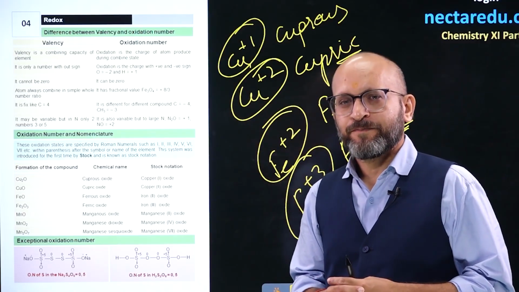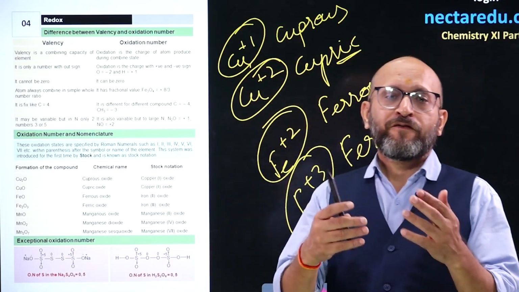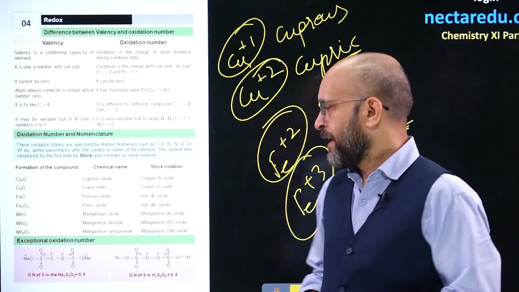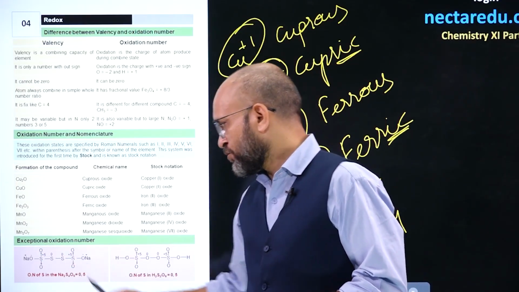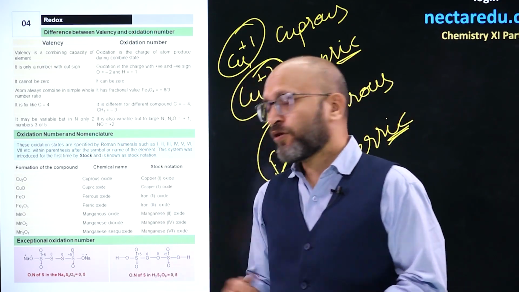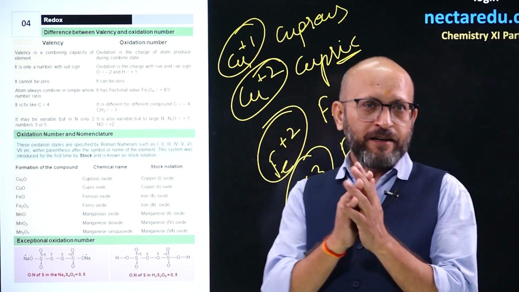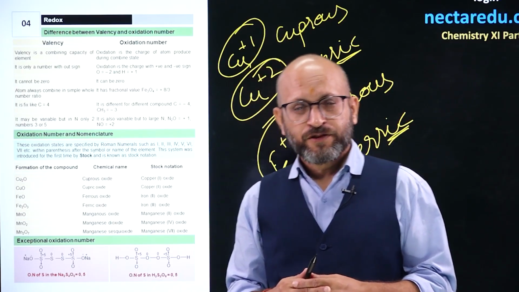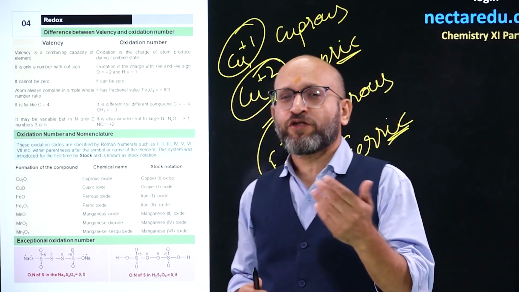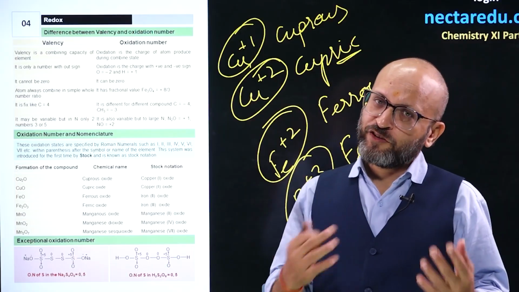Alright, and we have a couple of examples where fractional oxidation state comes, and here is sodium tetrathionate, Na2S4O6. So here fractional oxidation state comes, and it is the average oxidation state. As you already know, average oxidation state could be fractional.